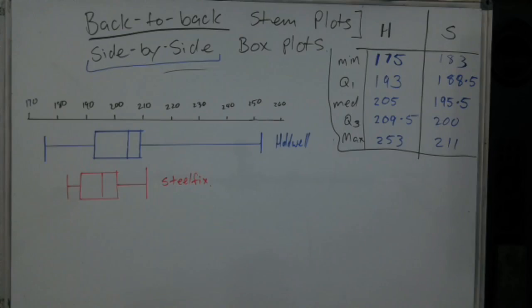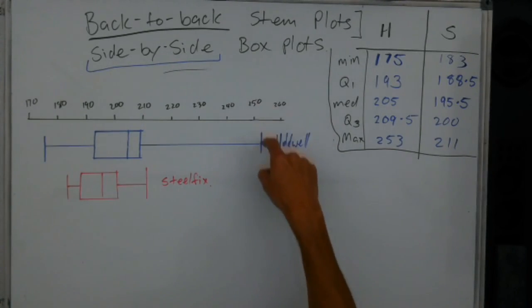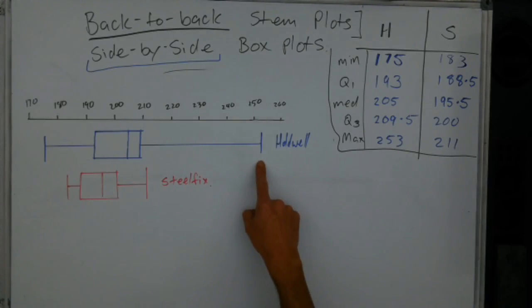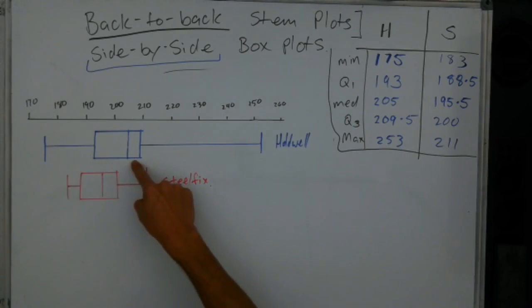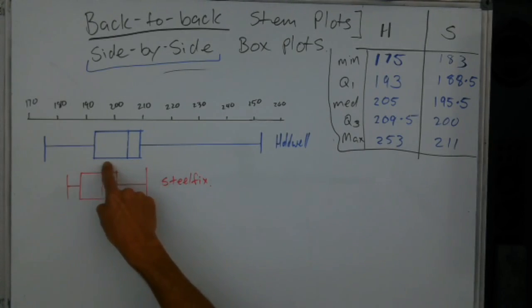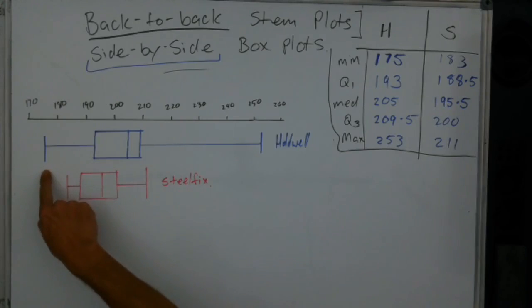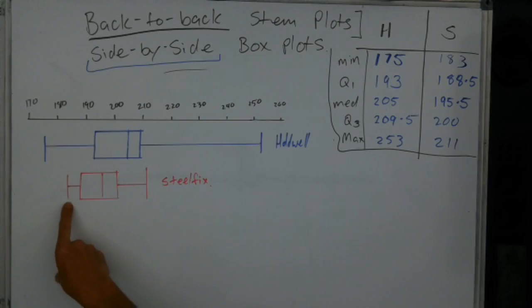So I think we could say that although Holdwell does have some stronger nails that don't break until they have a much stronger force put on them, and on average their nails are slightly stronger, because considering this is half of the nails, we also have some that are considerably weaker than Steel Fix's worst nails.